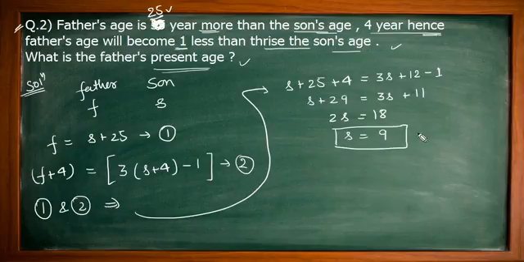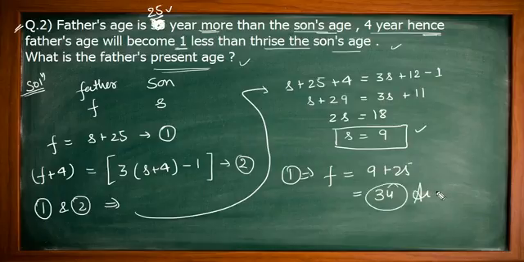So you have found the value of S, the son's age is 9, and for the father's age, put it in equation 1. The father's age will be 9 plus 25, it will be 34. That is the age of your father.